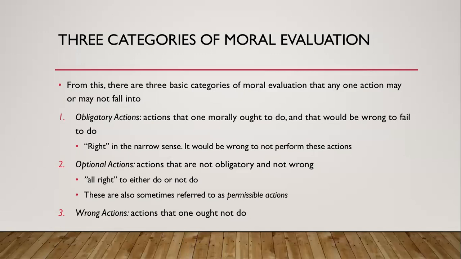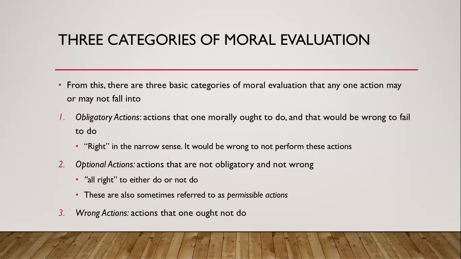Okay. Third, there's what's called wrong actions, and these are actions that one ought not to do. So think about randomly assaulting some stranger on the side of the road. That is a wrong action. You ought not do that ever. Okay, so all actions are going to fall into one of these 3 categories.